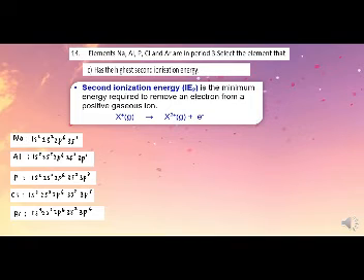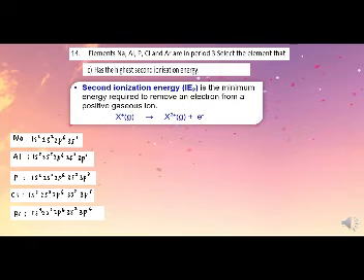For sodium, we get 1s2, 2s2, 2p6, 3s1. Aluminium, 1s2, 2s2, 2p6, 3s2, 3p1. Phosphorus, 1s2, 2s2, 2p6, 3s2, 3p3. For chlorine, 1s2, 2s2, 2p6, 3s2, 3p5. For argon, 1s2, 2s2, 2p6, 3s2, 3p6.